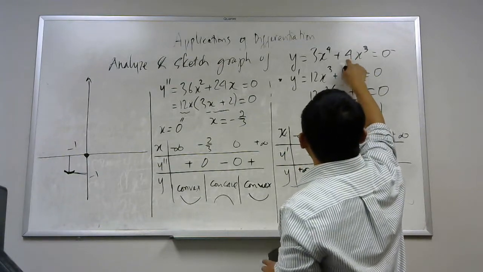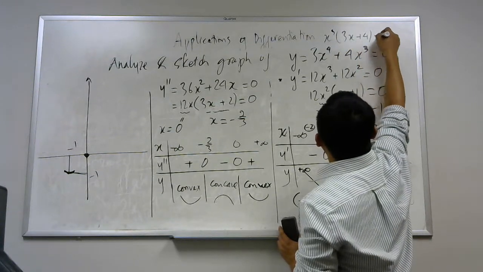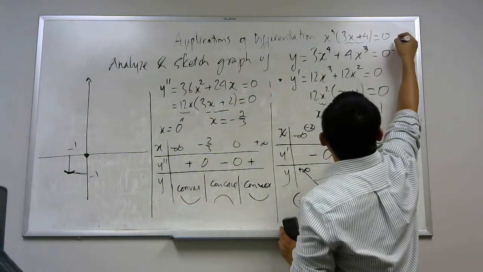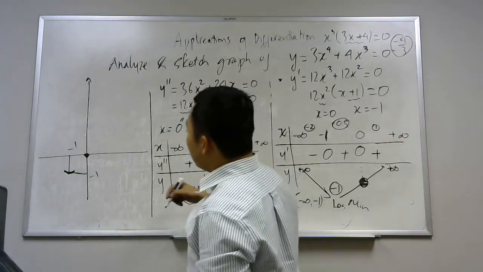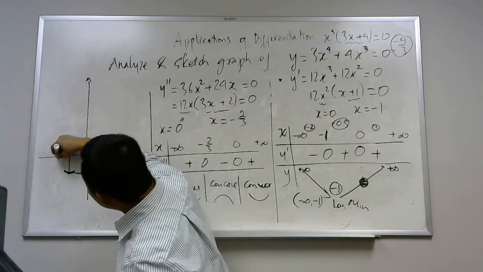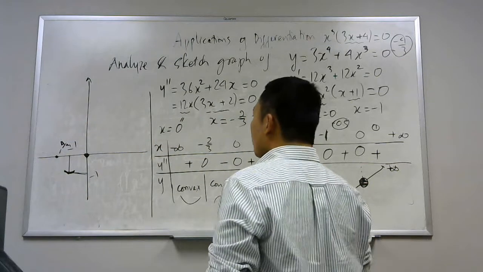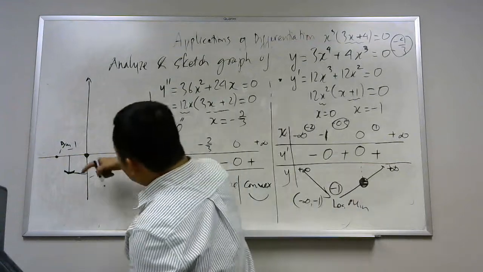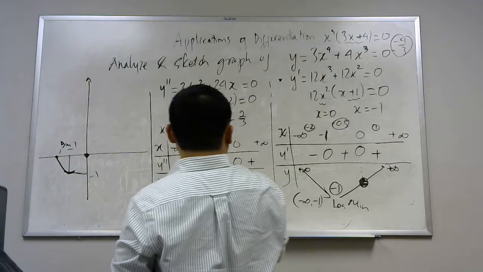So another x-intercept is, if you factor this out, you get 3x plus 4 equal to 0. So you get -4/3. That is another x-intercept. -4/3 should be around here, right? So -4/3. What is the next? So you have one x-intercept in here, and you connect this with this, right?